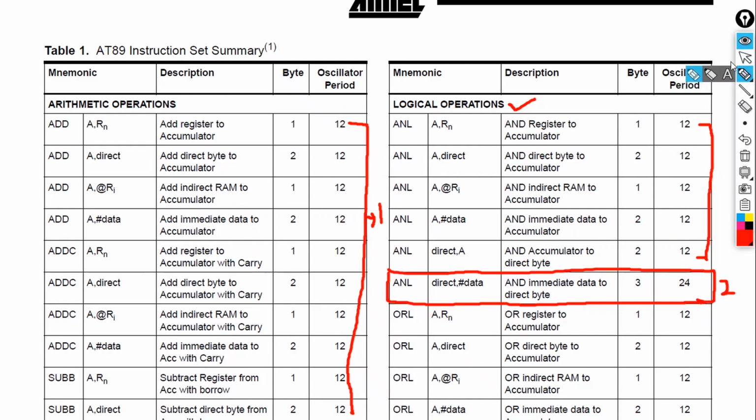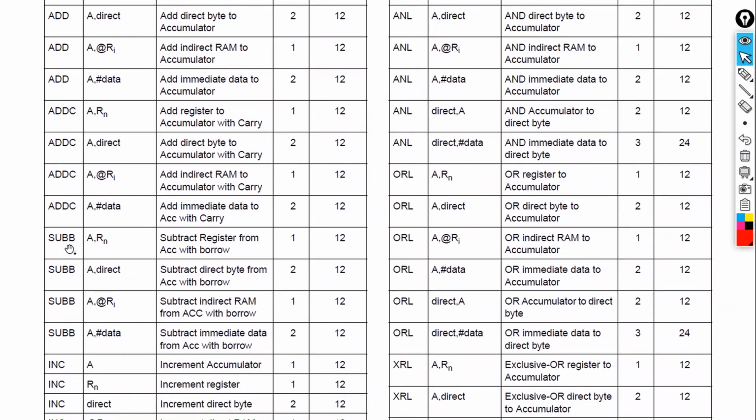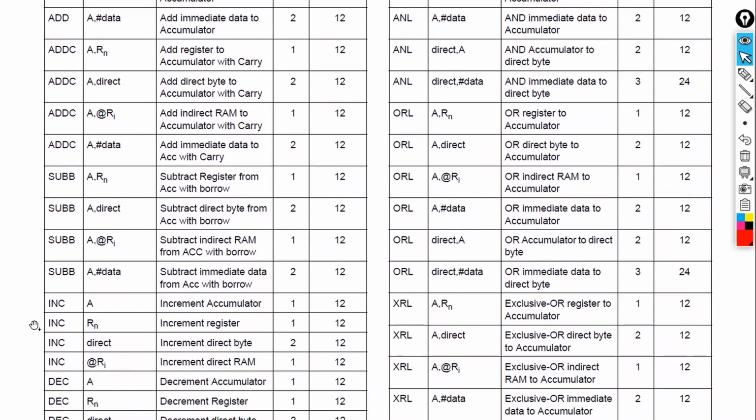For subtraction we have one machine cycle. For the increment operation, again one machine cycle. For the OR operation with immediate data, it is 24, so two machine cycles.